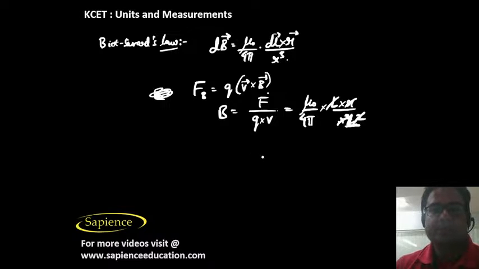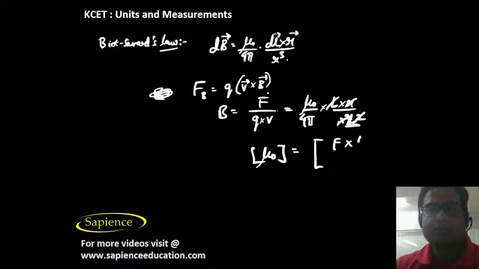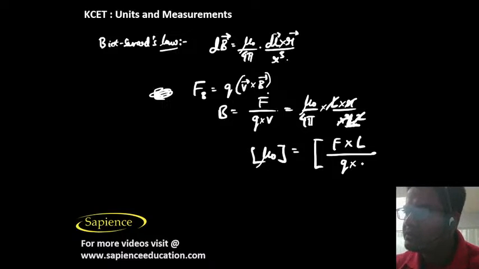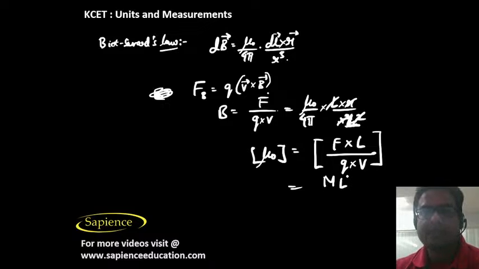So you can say the dimensional formula of mu naught will be the dimensional formula of force into length divided by charge into velocity. Force into length is ML squared T power minus 2, divided by charge, which is current into time, and velocity is length per unit time.